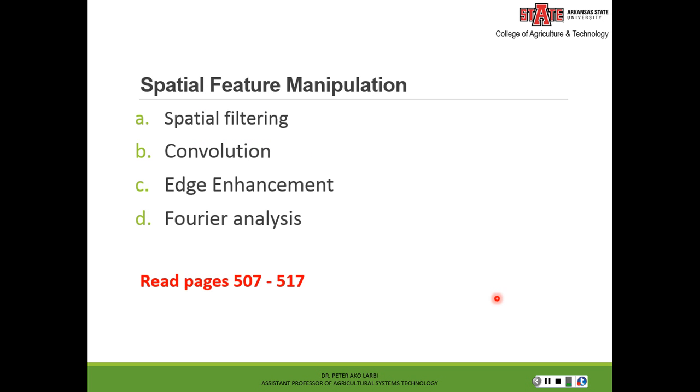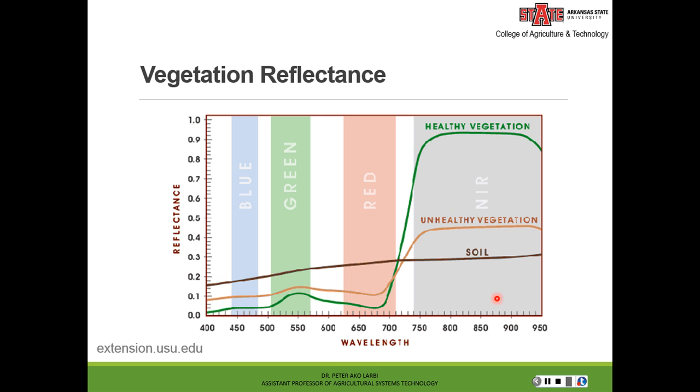Here are the operations that we can apply, in spatial feature manipulation. Again, I would be touching on only the edge and the edge enhancement, looking at edge detection. And then once we have the data, we can also manipulate the data to obtain reflectance of the data.